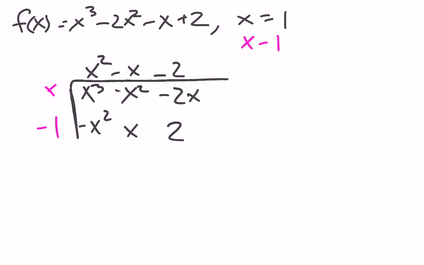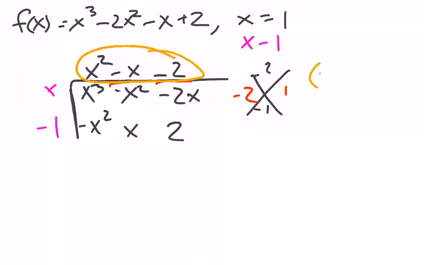So is there something that multiplies to negative 2 and adds to negative 1? Yes, my x works. Multiplies to negative 2, adds to negative 1 is going to be negative 2 and positive 1, so that means that my quadratic factors to x minus 2, x plus 1.